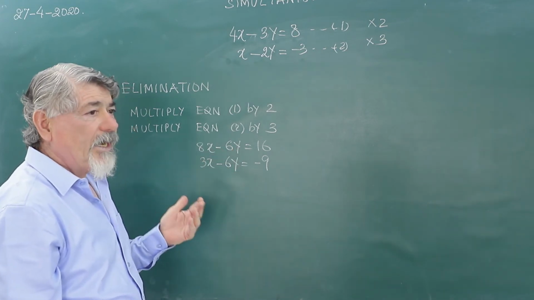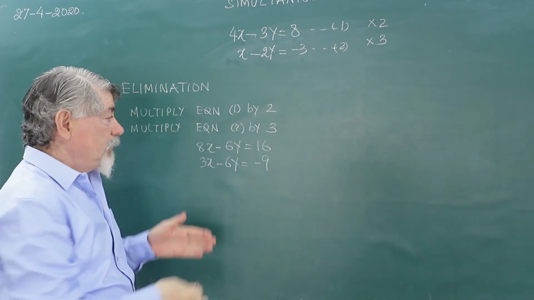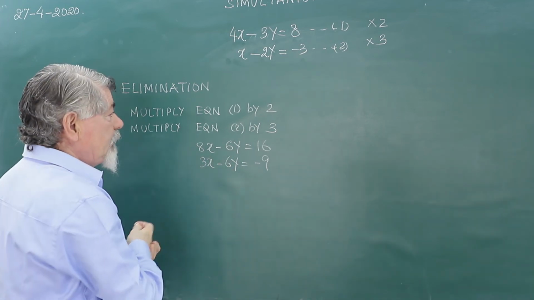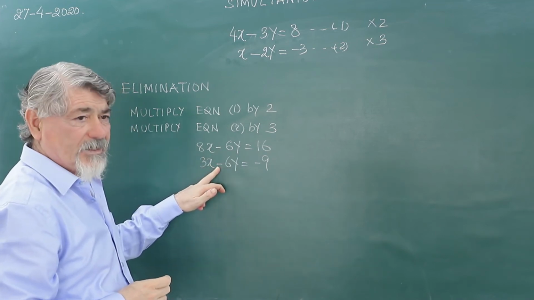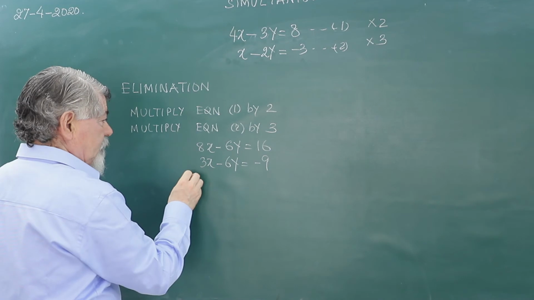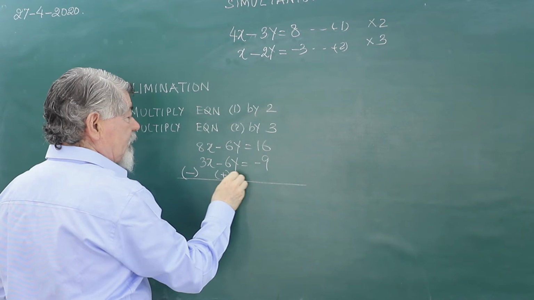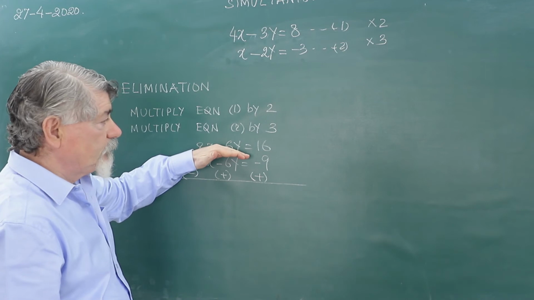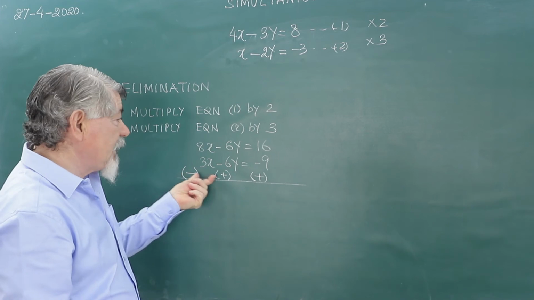And now I have to eliminate. Elimination is the method. So I'll eliminate y. How will I eliminate y? Both have the same sign here, minus 6y and minus 6y. So I'll subtract one equation from another. When I subtract an equation, the signs change. If I'm subtracting the lower equation from the above equation, the signs will change.